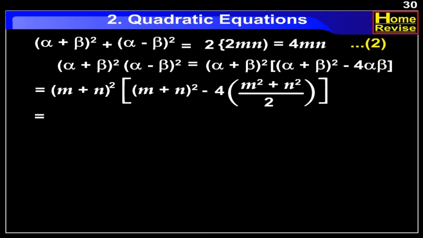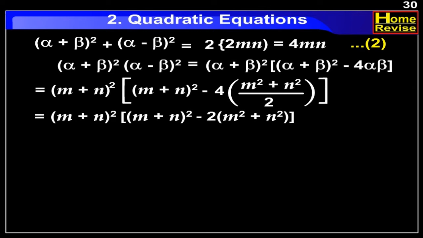Now this is further equal to (m plus n) whole square into {(m plus n) whole square minus 2 into (m square plus n square)}. This is further equal to (m plus n) whole square into (minus m square plus 2mn minus n square).